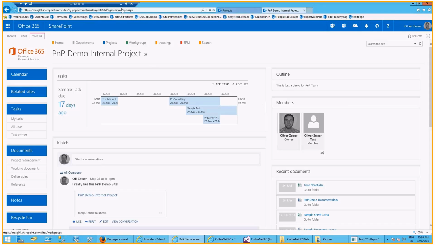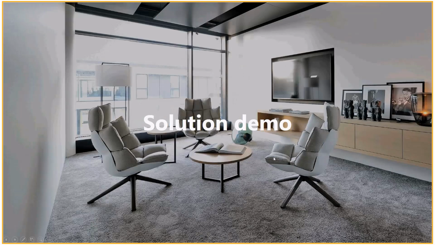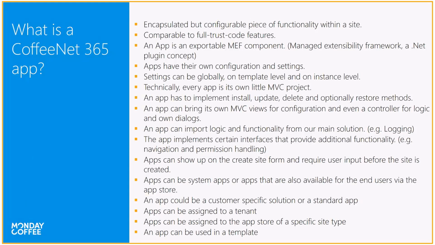So let's go back to the slides. So let's dive a little deeper into our app concept. We've talked about it a little bit already, and there are a lot of points on the slides, so I'll try to go through there as quickly as possible. But it's important to understand the concept behind it.